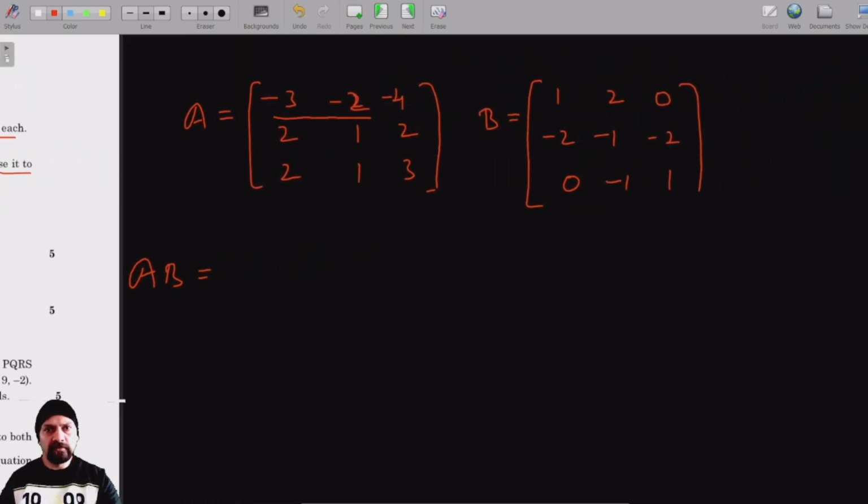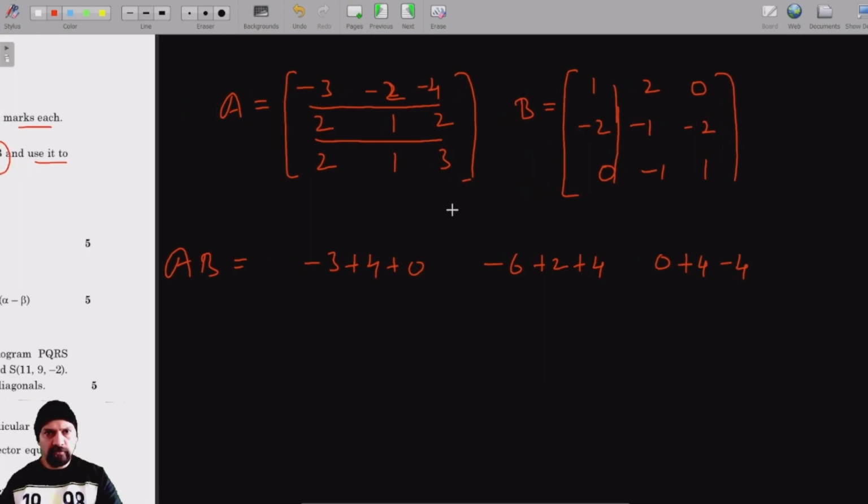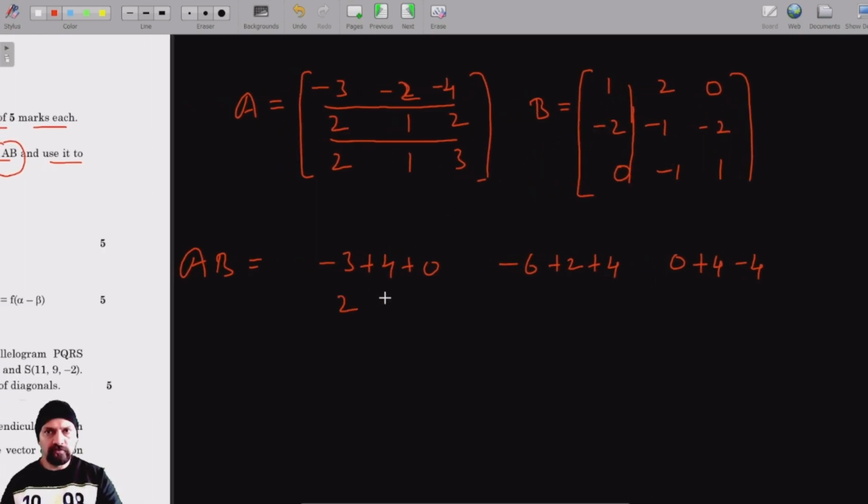This is first row and first column. Minus 3 into 1 is minus 3, negative 2 into negative 2 is plus 4, minus 4 into 0 is 0. Then minus 3 into 2 is negative 6, plus 2, plus 4. Minus 3 into 0 is 0, minus 2 into minus 2 is plus 4, and negative 4. For the second row, 2 into 1 is 2, 1 into minus 2 is minus 2, 2 into 0 is 0.